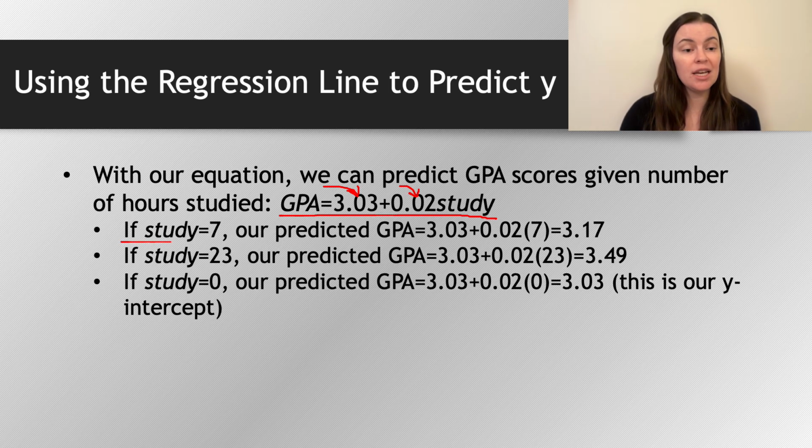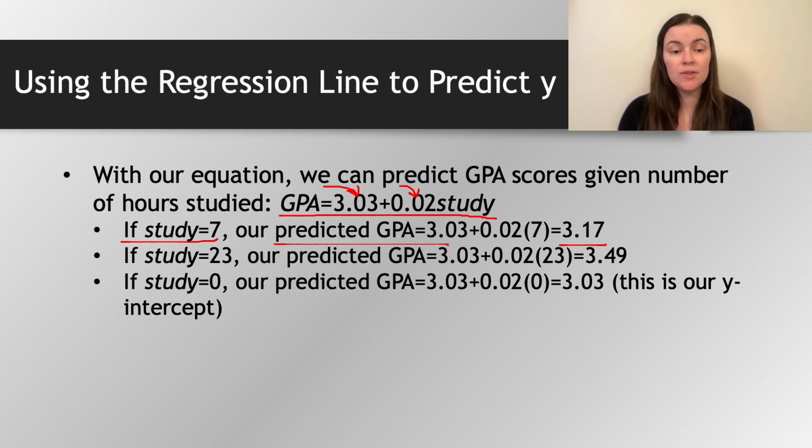So if you study 7 hours per week, you would have a predicted GPA value of 3.17. So the only calculation you really have to do here is plug in the value of 7, which is where you have your x here, which is our study value. So all you have to do is take 0.02, multiply that by 7, and add that to our y-intercept value of 3.03, and that's where you get this total here.